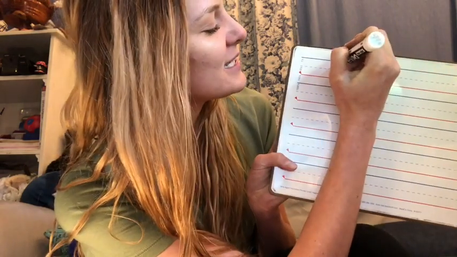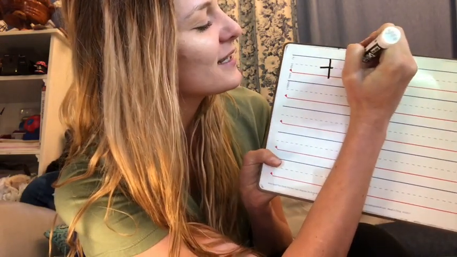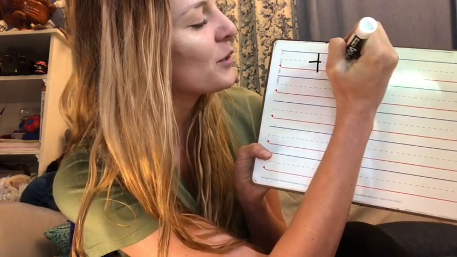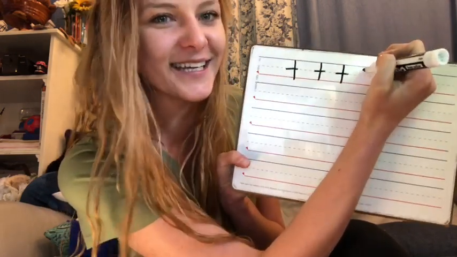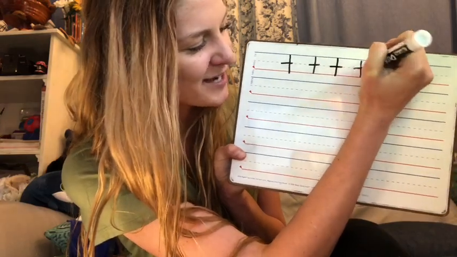So for this one, we go down and cross, down, cross. One more time, down, cross. When you're doing it on your paper, you should see down, cross, T, down, cross, T.